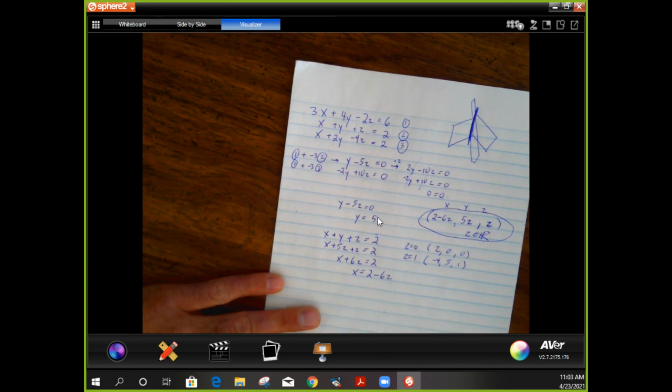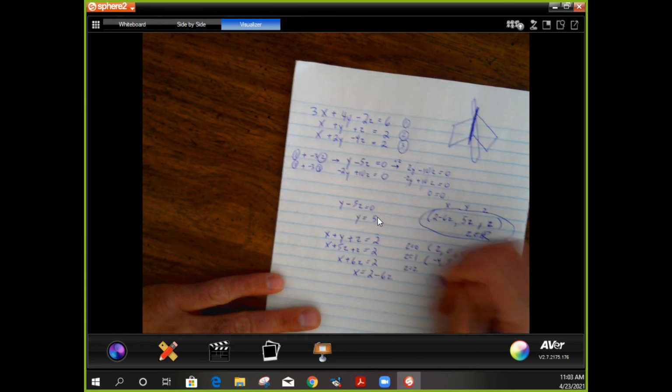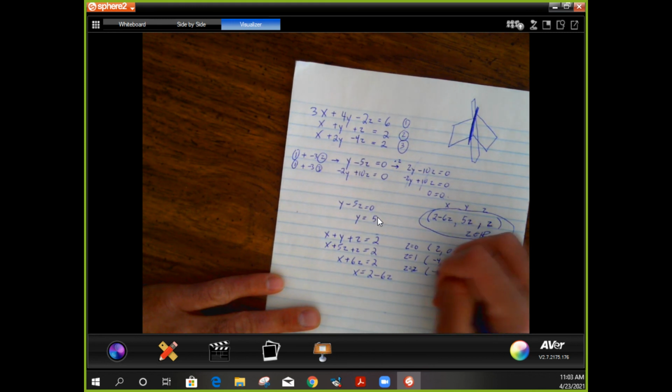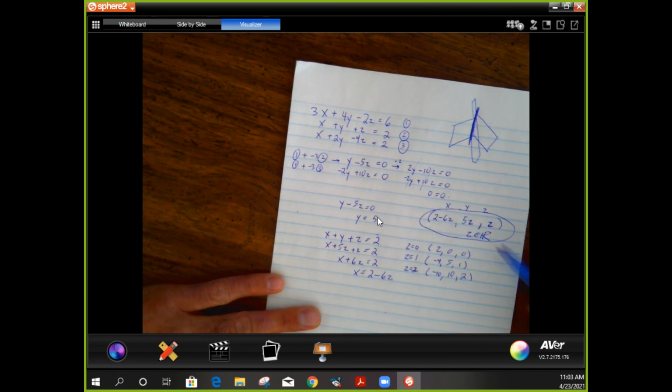If z is 2, you would get 2 minus 12, negative 10, 5 times 2 is 10, 2. If you plug any of these triples into all three equations, it would work. And there are an infinite amount that work, and they have to be in this form here.